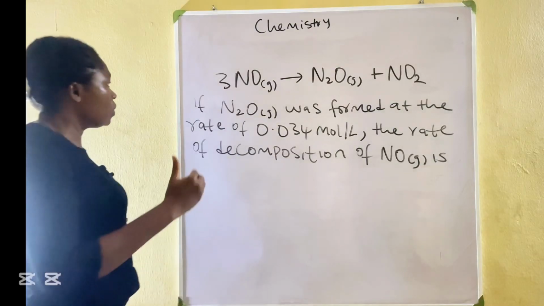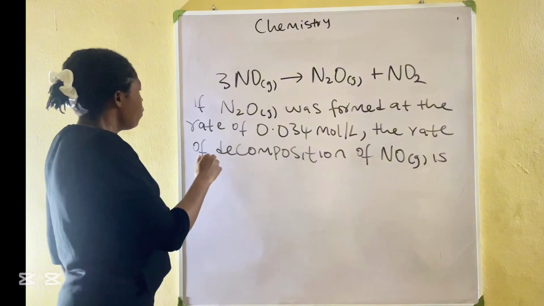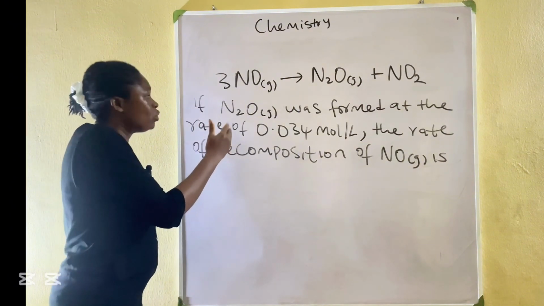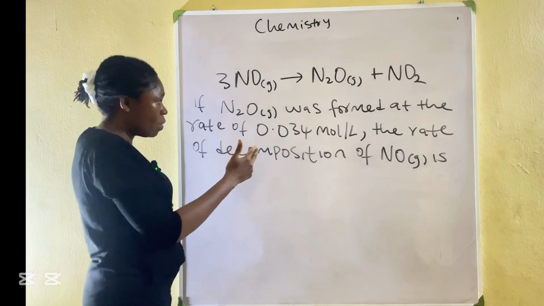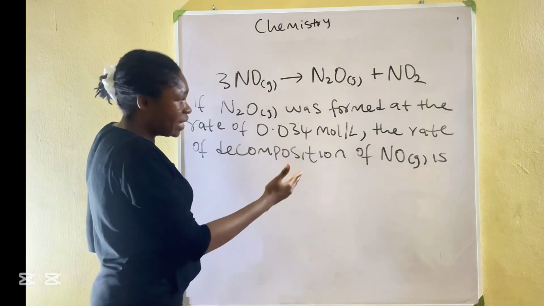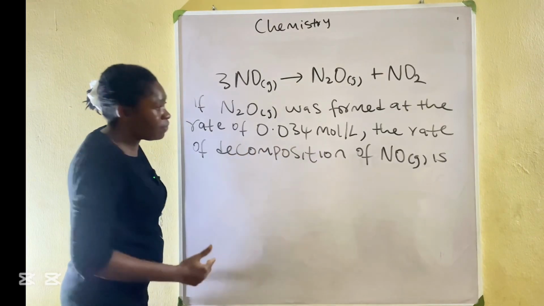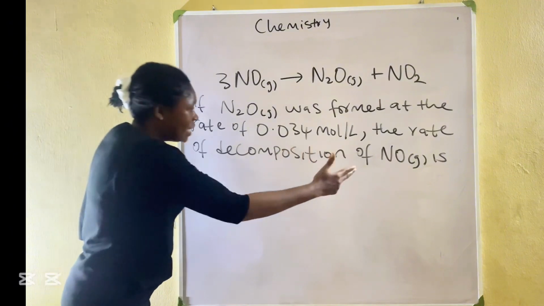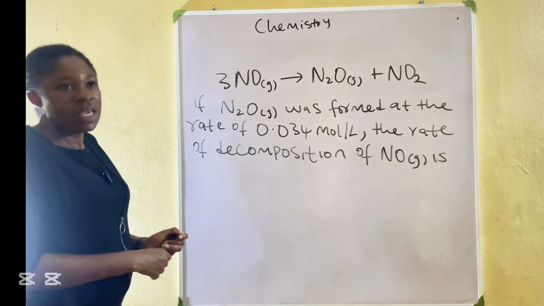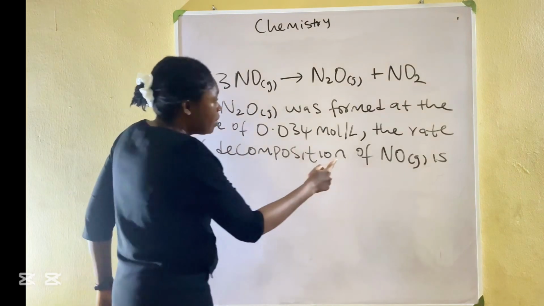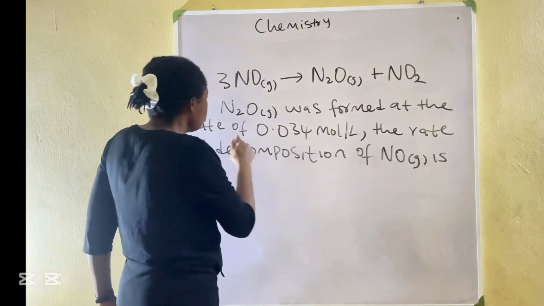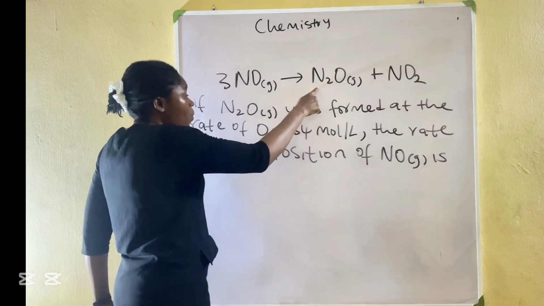So look at this reaction above. If N2O was formed at the rate of 0.34 mole per liter, the rate of decomposition of nitrogen 2 oxide is dash. If this question is subjective, earlier you are given the one of N2O to be 0.034.